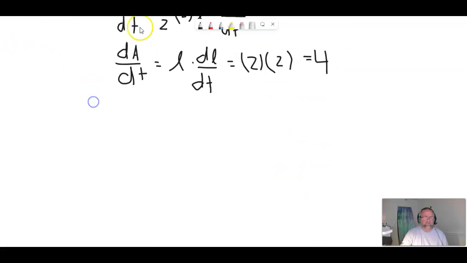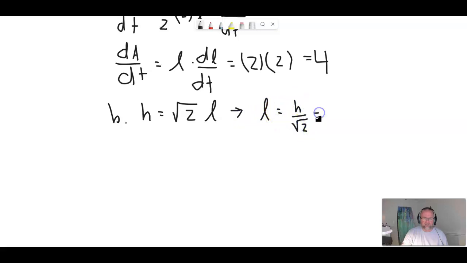So this is part B. So H is equal to the square root of 2 times L. And if I solve for L, this means that L is equal to the hypotenuse divided by the square root of 2. And it says the hypotenuse is 1. So this is going to be equal to 1 over the square root of 2.